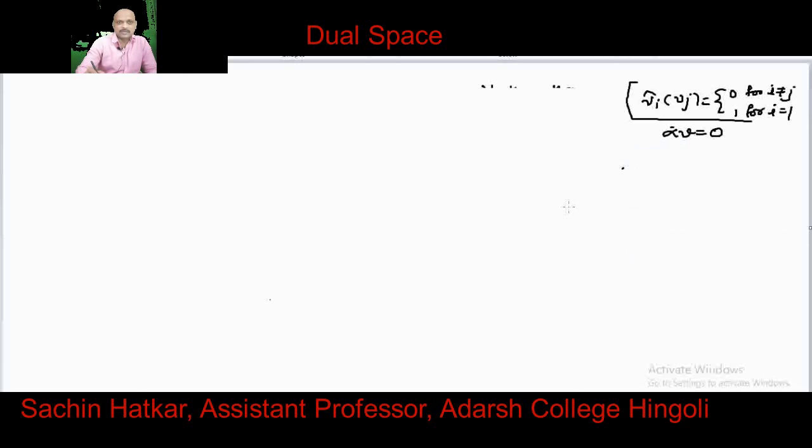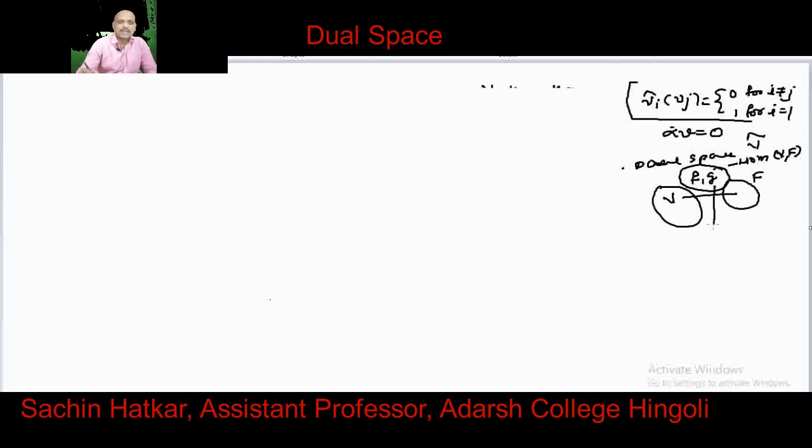This is V and this is F, and if we have these mappings, then the set of all such mappings is the dual space, and we denote this as the homomorphism from V into F, which we have denoted by V cap, and this is also a vector space. We have proved this.